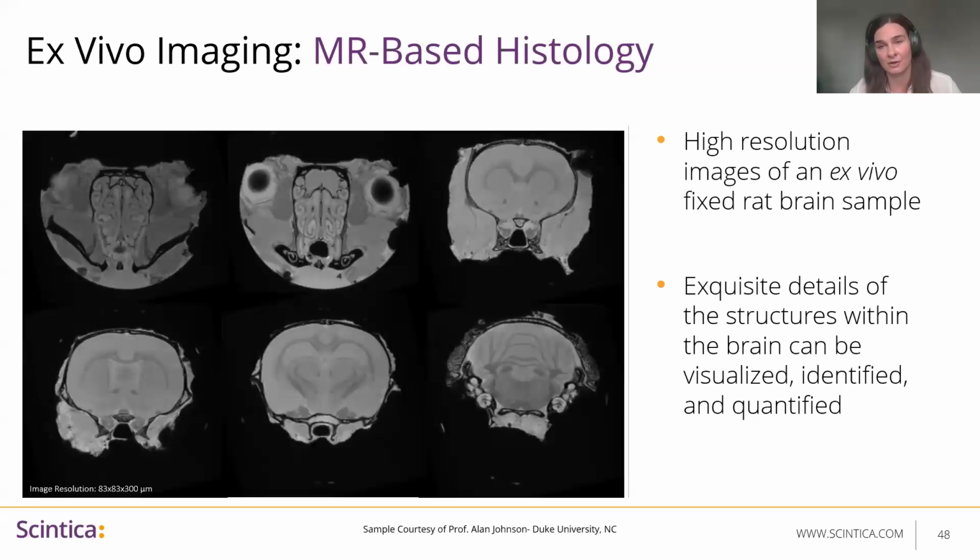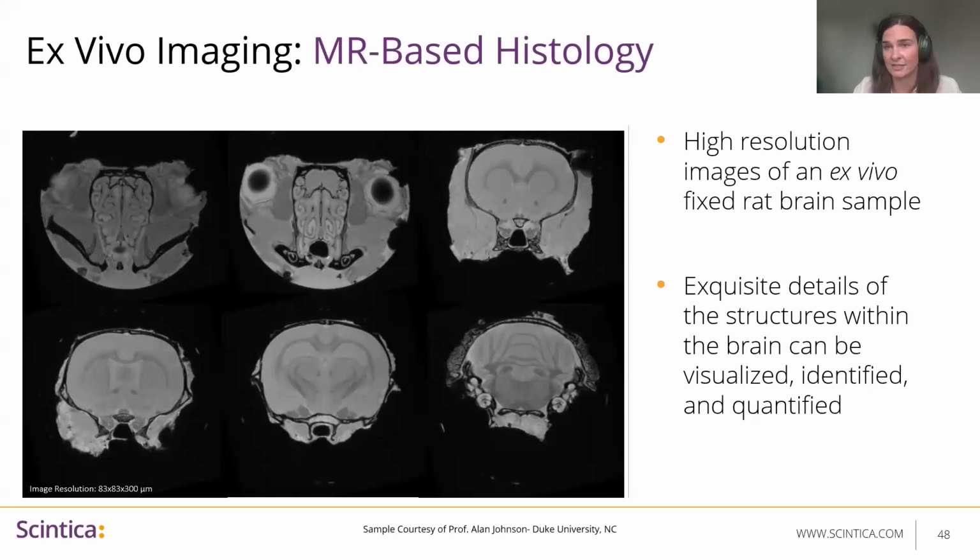So you don't have to monitor their vital signs, you don't have to deliver anesthesia. There's more ability to scan for longer periods of time. And so you're able to then acquire really high resolution scans with longer scan times with ex vivo tissue. And then you can really get nice images of very detailed structures.